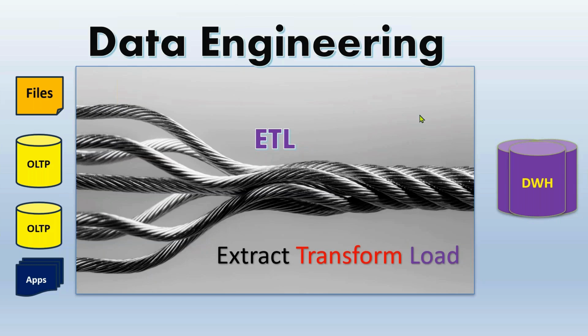Now the question, why like this? Why do we need ETL? This ETL is responsible for reading the various types of data, filtering the data, and loading only the required content to the warehouse. So this is the main concept we are going to learn here.